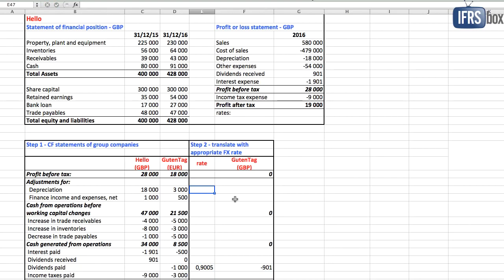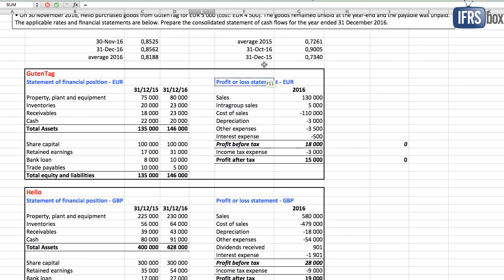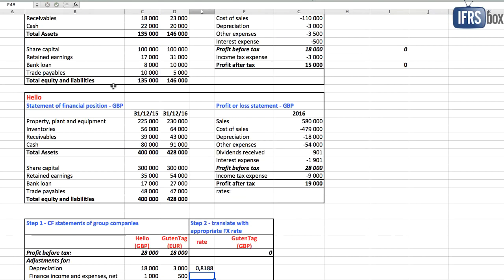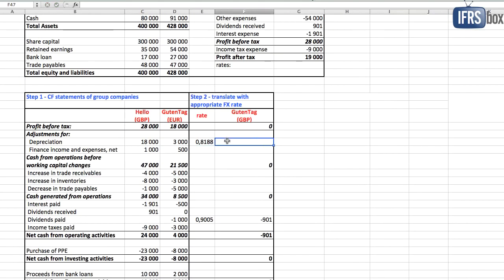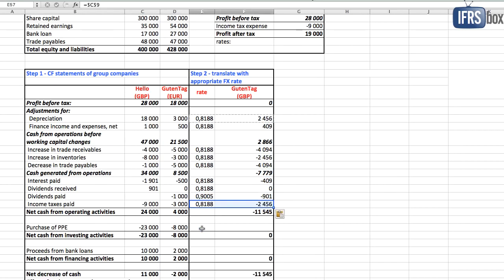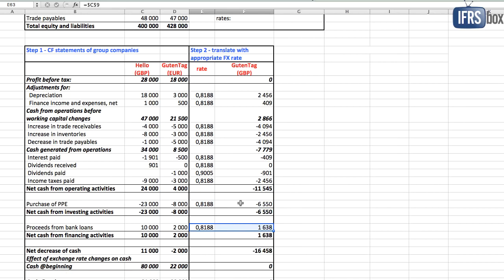Then other items are translated with the average rate in 2016, 0.8188. By the way, these are the real rates. And what about profit before tax?